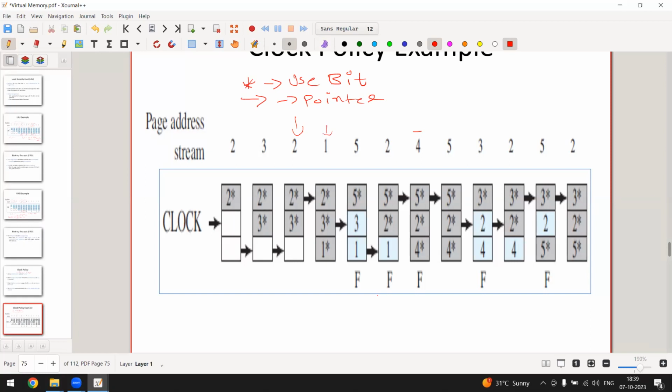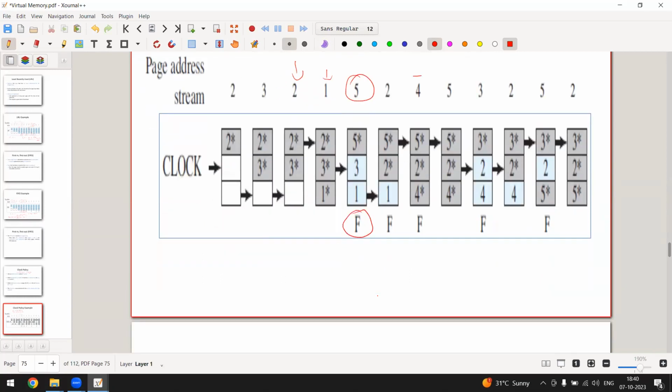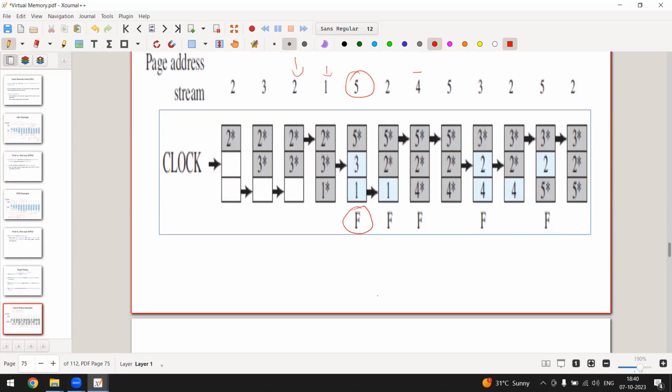Now we have to insert 5. Definitely 5 is not there, so it will be a page fault. But how will the algorithm proceed? See, it is here at 2. So let me take a separate way, like this, right? 2, 3, and 1.